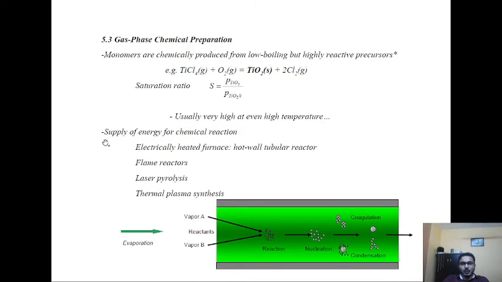So how can we supply the energy for the chemical reaction? It can be done in 4 different ways. First is the electrically heated furnace, that is hot wall tubular reactor, or flame reactor, or laser pyrolysis, or thermal plasma synthesis.